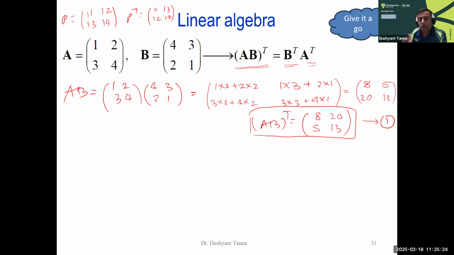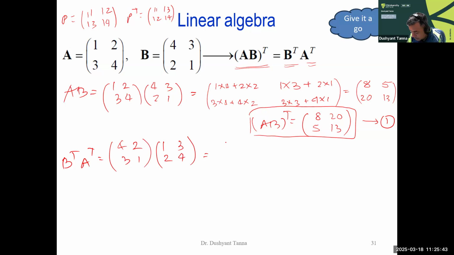Now, we are not obtaining B transpose and A transpose separately. I'm going to the next step directly, which is BT times AT. So what is BT? 4, 2, 3, 1. What is AT? 1, 3, 2, 4. Again, I'm going to write all the elements. First row, first column.